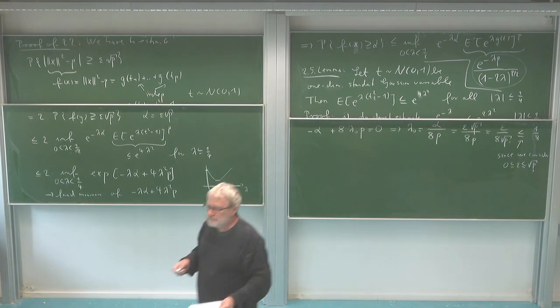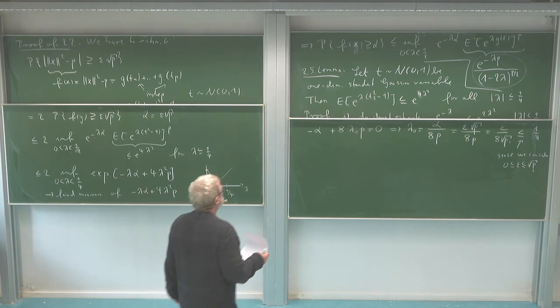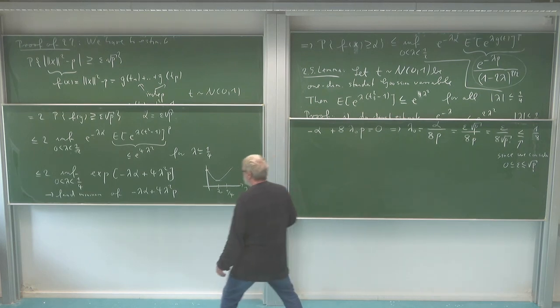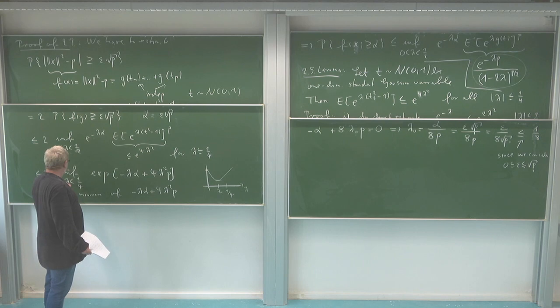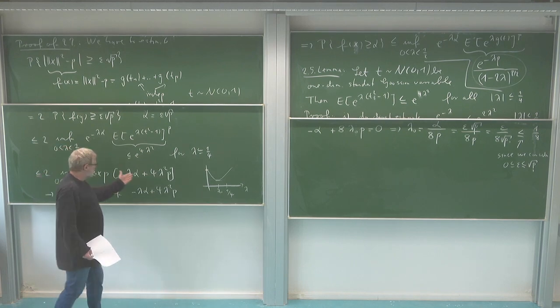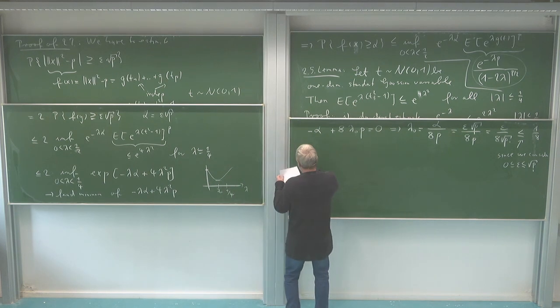Good, but then this is the lambda 0, and we can plug this into our estimate. So now we choose lambda 0, and then we get a specific exponent.